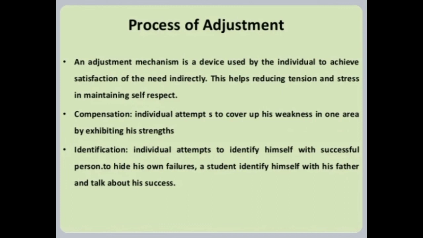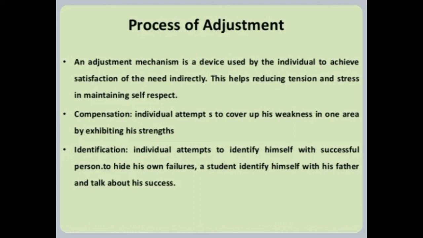And here are the processes of adjustment. An adjustment mechanism is a device used by the individual to achieve satisfaction of the need indirectly. This helps in reducing tension and distress and maintaining self-respect. Next, compensation.